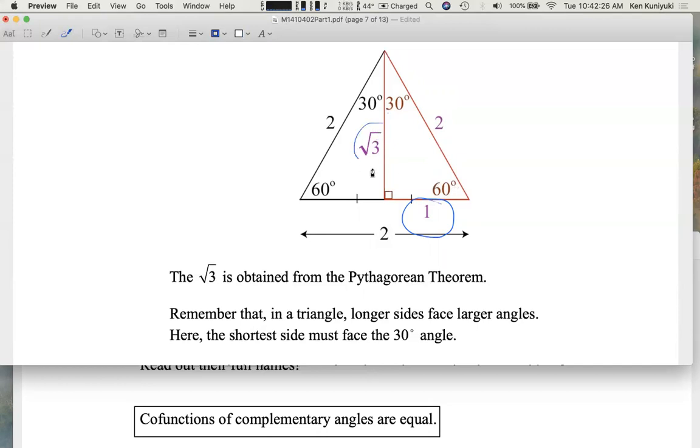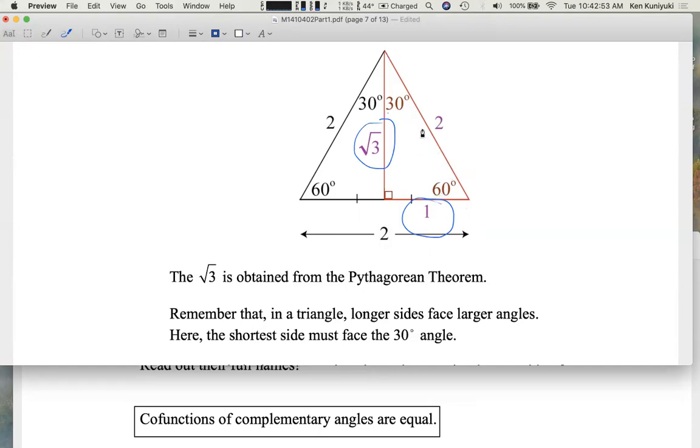Whereas the √3 here is the length of the opposite side for 60 degrees, yet it's the adjacent side for 30 degrees. So when we switch from one acute angle to the other angle, we're switching the adjacent and opposite sides. So it makes sense that the sine of 30 degrees is the cosine of 60 degrees, because the opposite for this angle is the adjacent for this angle.